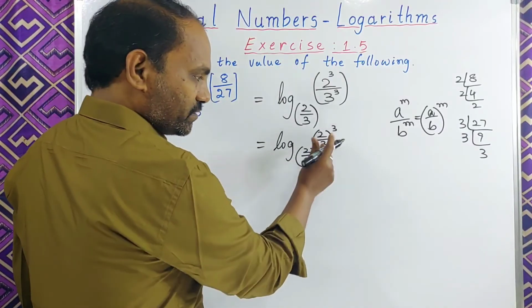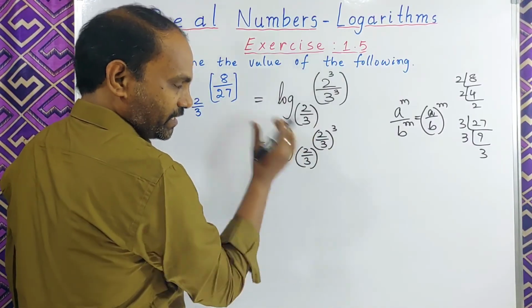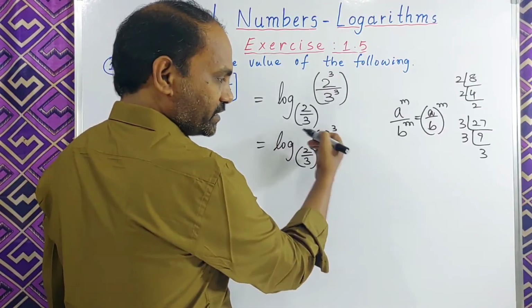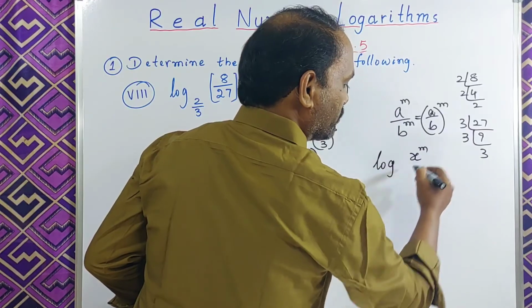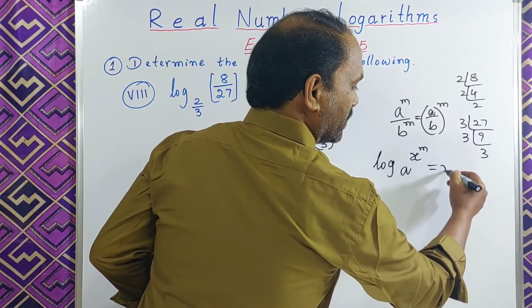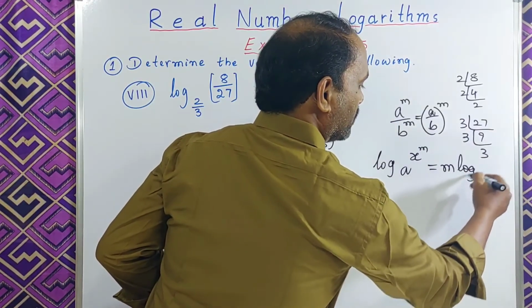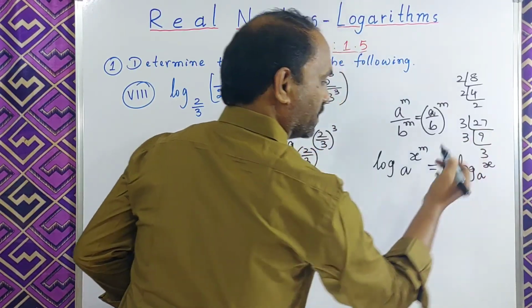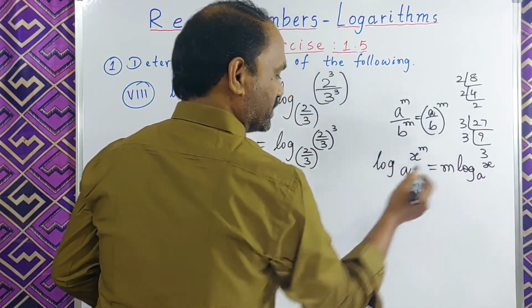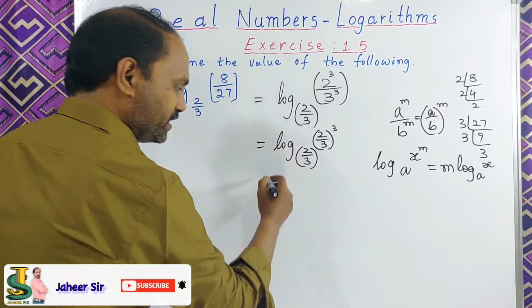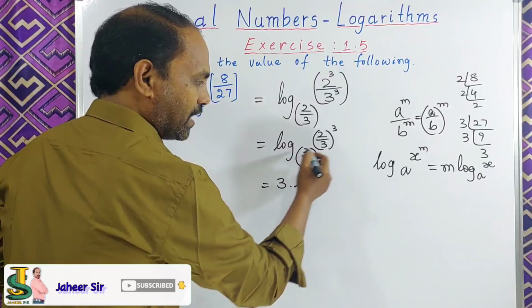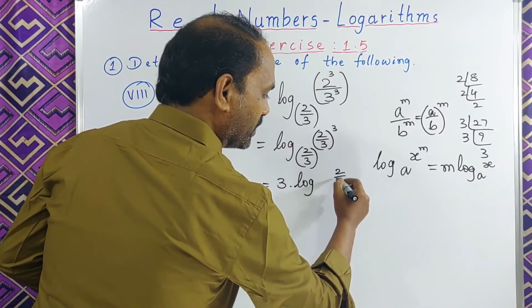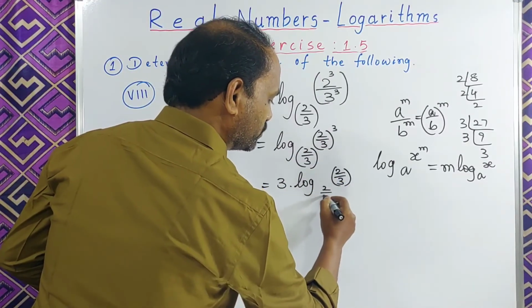Again, this complete thing is one number, so you should write log x power m to the base a, which is m log x to the base a. You should write this power forward here, so you should write this 3 here, 3 into log 2 by 3 to the base 2 by 3.